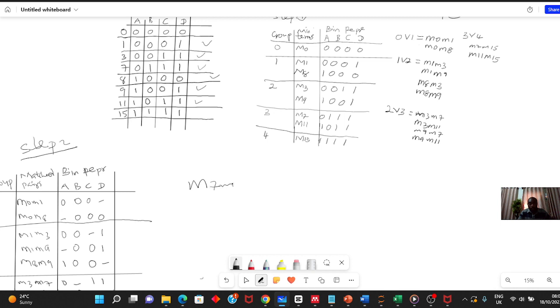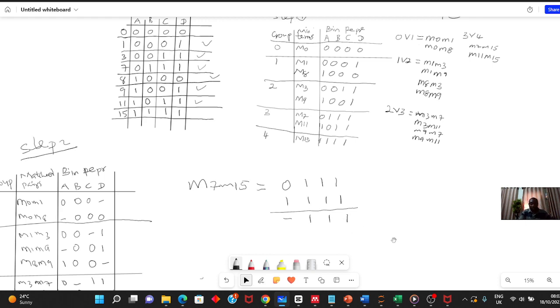M7 mapping M15. So M7 is given to be 0, 1, 1, 1, and then M15 is 1, 1, 1, 1, right? So 0 with 1, you put a dash, so you have dash, 1, 1, 1.